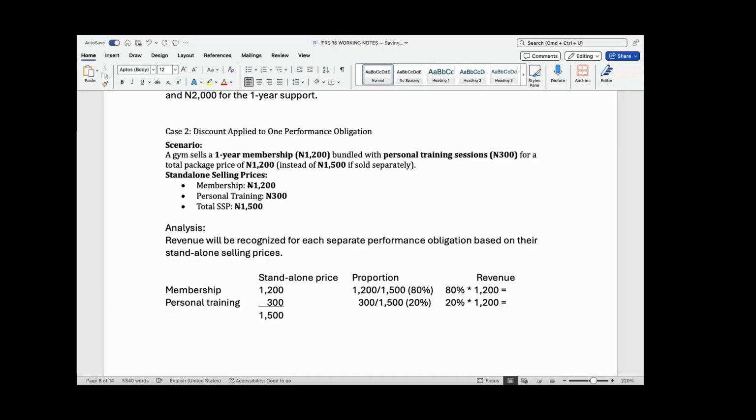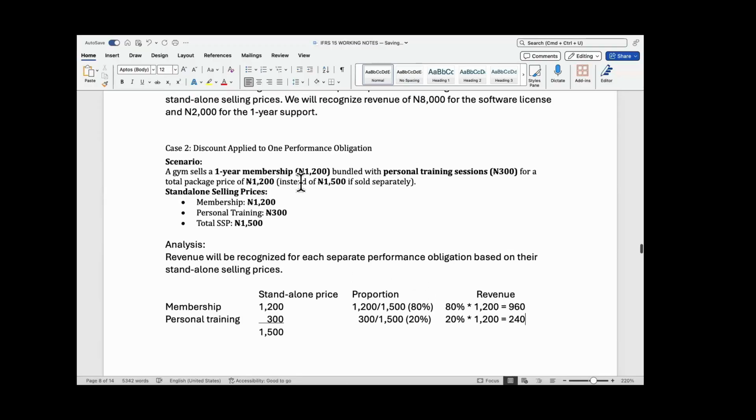So how much would that give you? 960 for membership, and for personal training, 240. And this is how you are going to share that 1,200. So even though he is selling as a package, fine, you can sell it as a package, but ordinarily you sell those goods separately. Then we expect that you are going to recognize revenue on them separately.